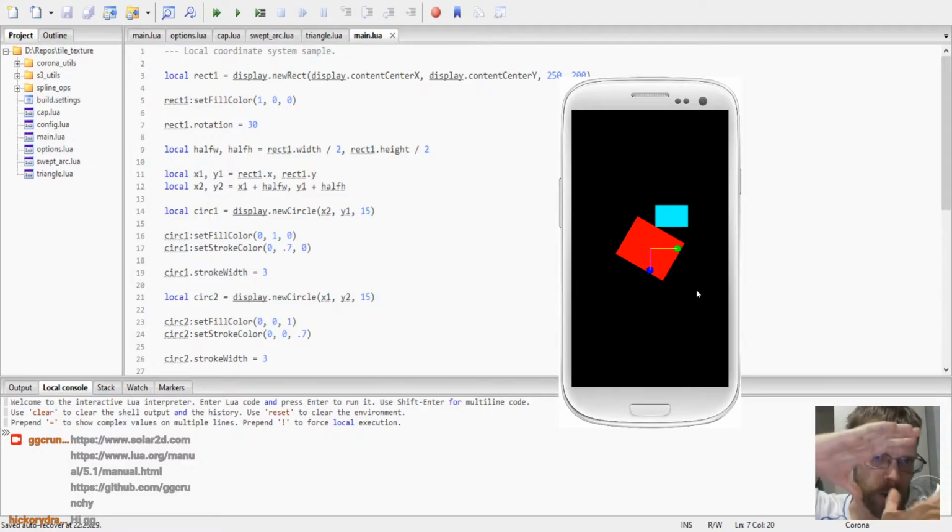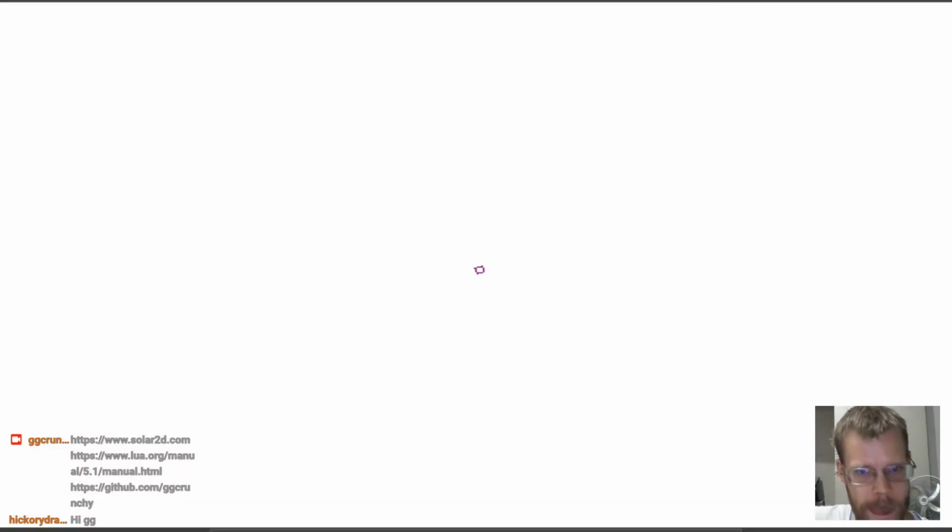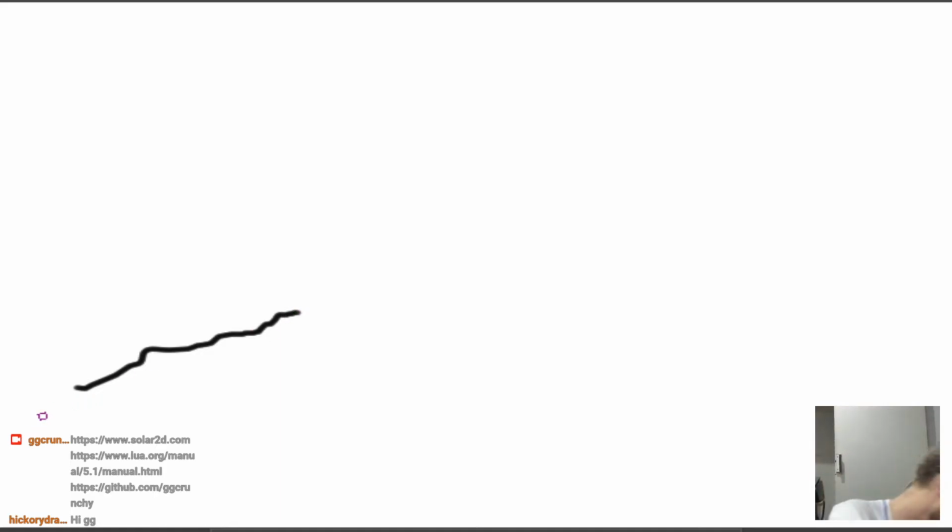So we need to establish the local axes. So we'll have, my mouse is giving me trouble.